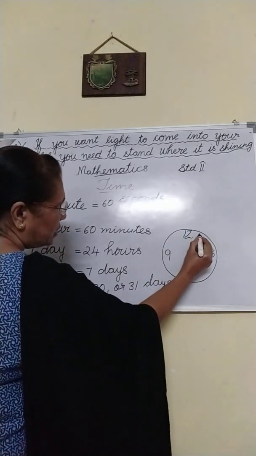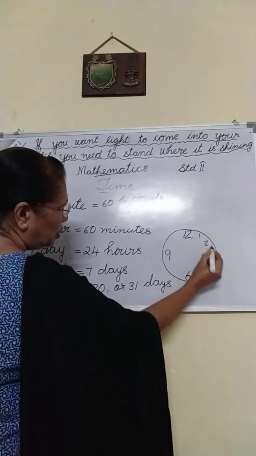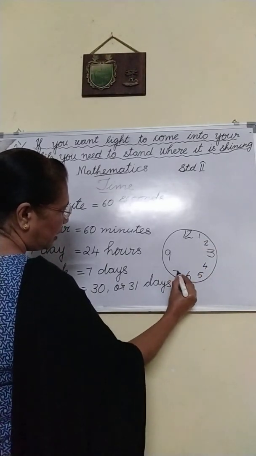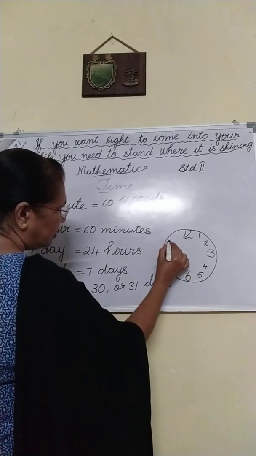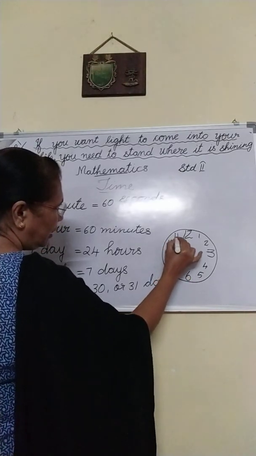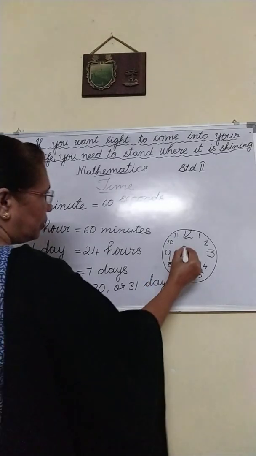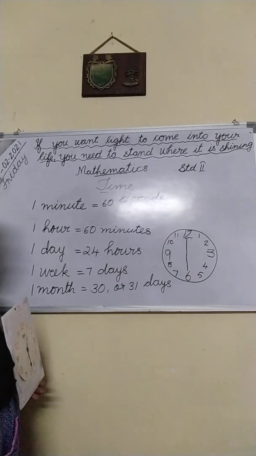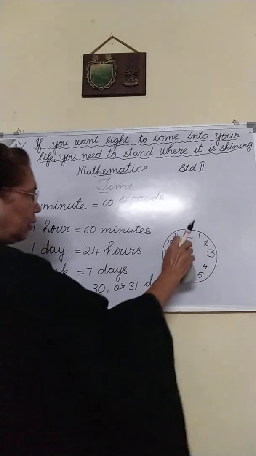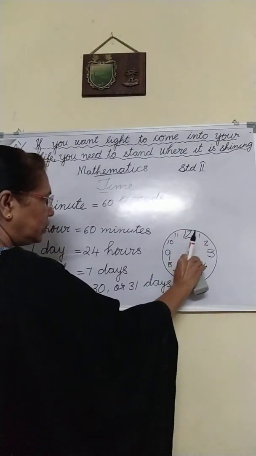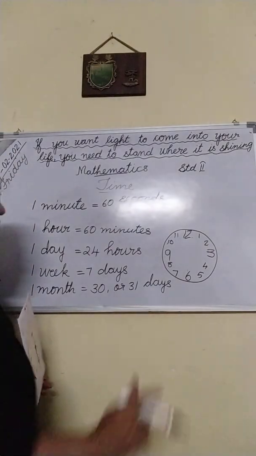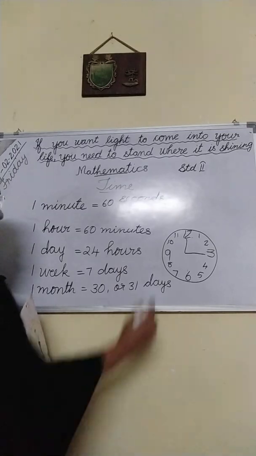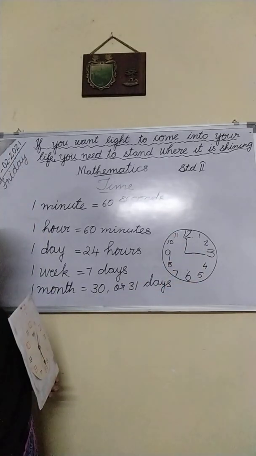Now here it is 1 and then 2, then 4, 5, 7, 8, 10, 11. Now this is the half of the clock. I am not drawing the hands. I just want to show you that is half of the clock. This is quarter of the clock. Quarter portion of the clock.